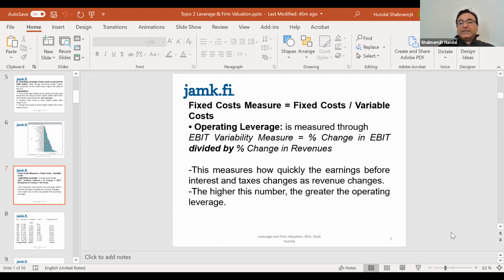The gross operating profit is called EBITDA, earnings before interest, tax, depreciation, and amortization. And the net operating profit is this EBIT, which I just mentioned, the earnings before interest and tax.